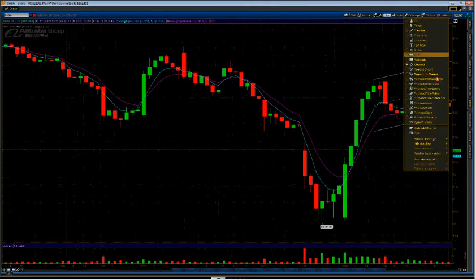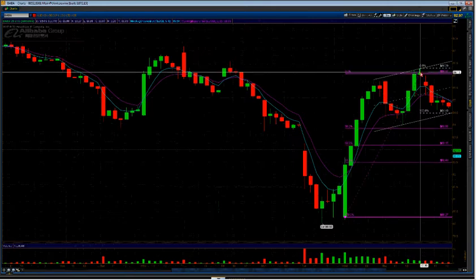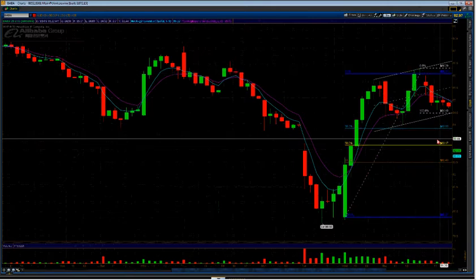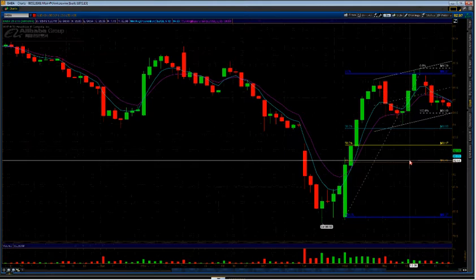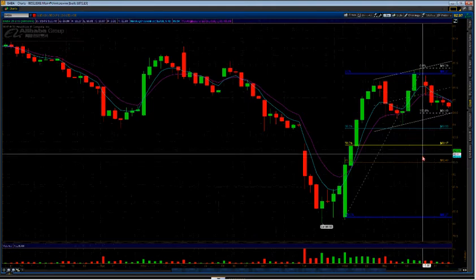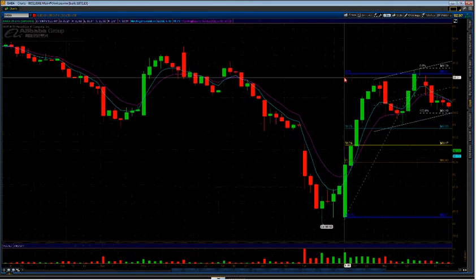And still, if I mark my Fibonacci retracements from the whole move, it hasn't retraced half of that yet. And then I was looking at some other indicator and it didn't say sell yet. And then they get really confused when I say, why did you buy? And you know what answer they give me?